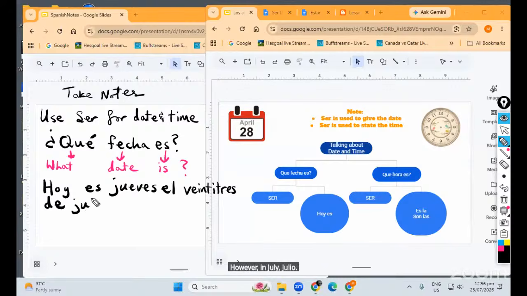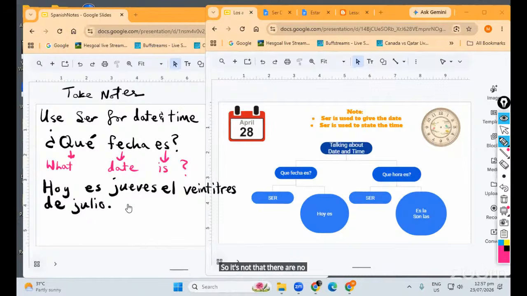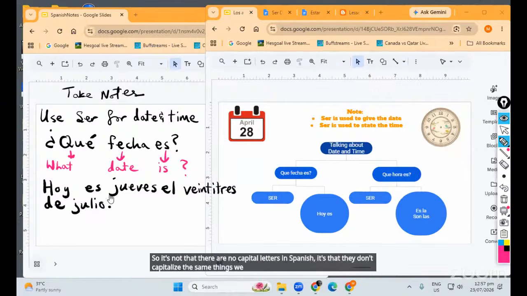Now, somebody had brought up the issue of capital letters in Spanish, and said, why are there no capital letters in Spanish? It's not that there are no capital letters in Spanish, it's that they don't capitalize the same things we do. So this is a common j here and a common j here, right?